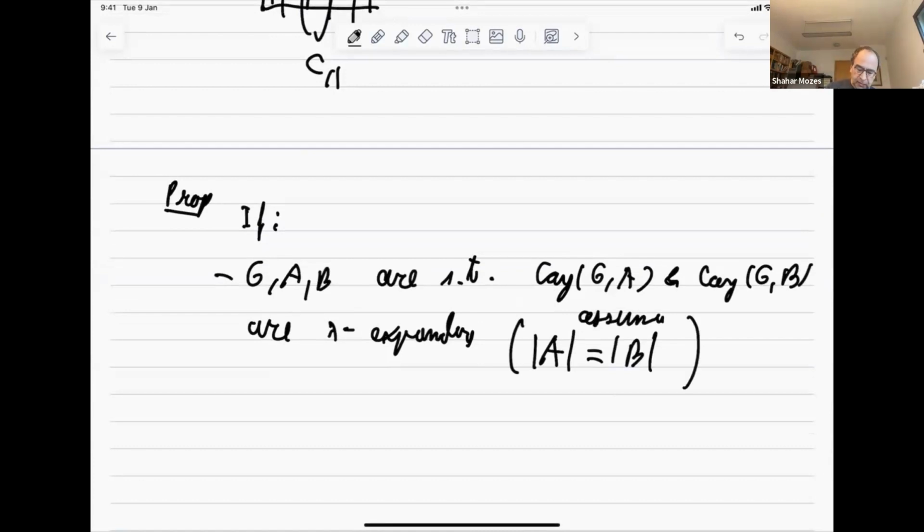And another thing that we are going to need is that the conjugacy class of elements of A intersection B is empty.